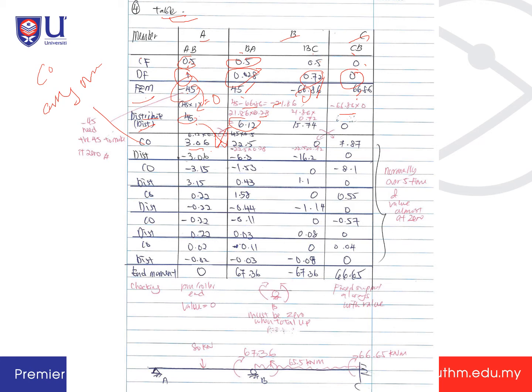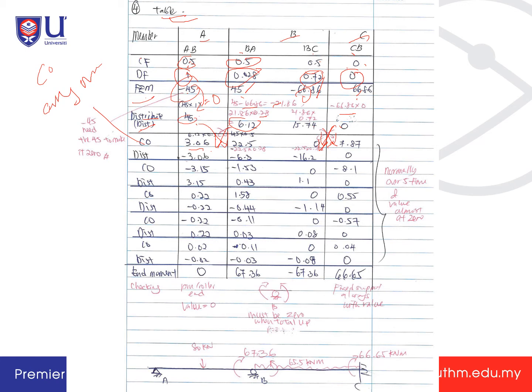So here at point B, BC is going to bring to CB. 15.74 times 0.5, you will get 7.87, and then 0 times 0, you will get 0. You bring it to here.